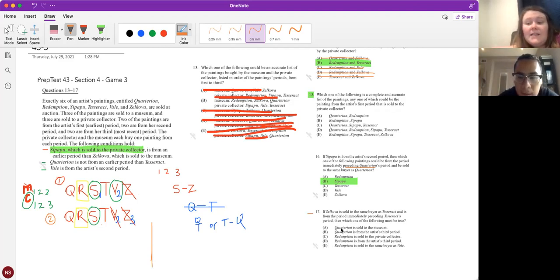Yes. But it's saying that if Z is sold to the same buyer as T and from the period immediately preceding T, so we're saying that it goes ZT, what world are we dealing with? Oh, we're dealing with the first one. Yes, so it's going to go S, S, Z.